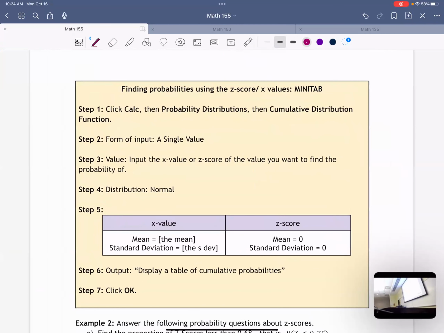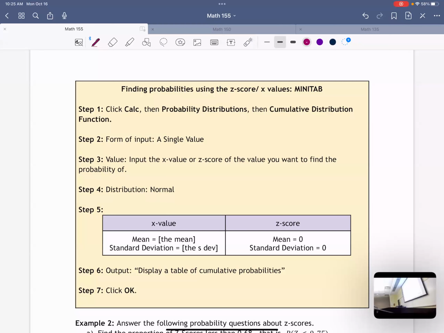Okay, so how do we find these probabilities? There's actually a couple ways. Before we had technology in this class, we actually had a formula that you plug stuff into. It was very complicated. That kind of went away like 20 years ago. After the formula, we had these charts that you had to use to find normal probabilities. If you've ever taken a stats class before, you've probably used those charts.